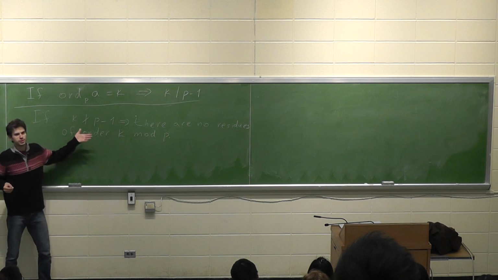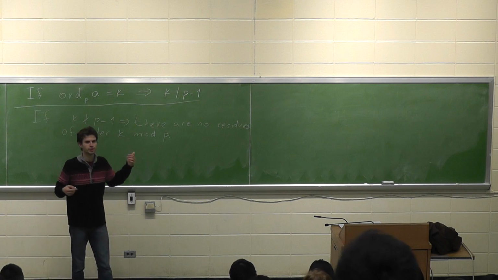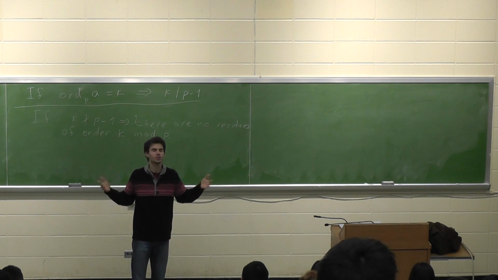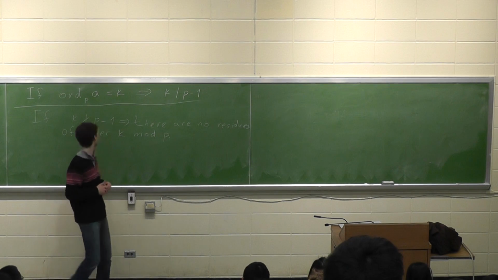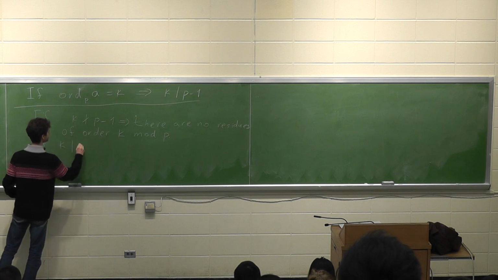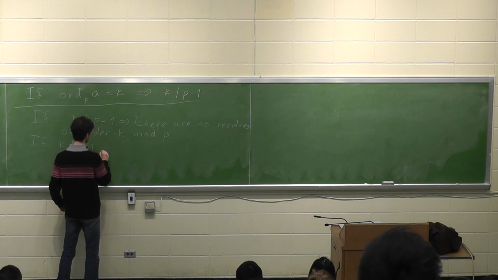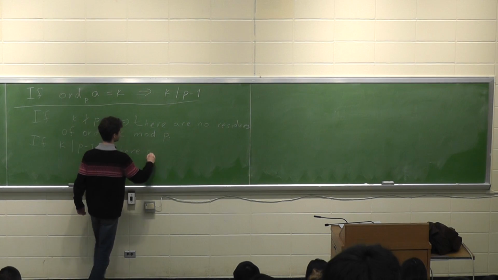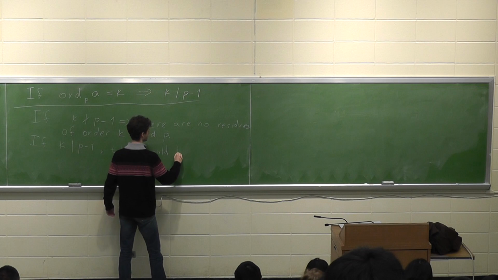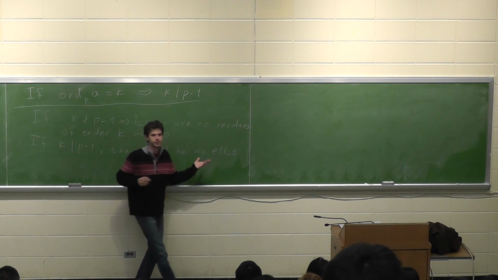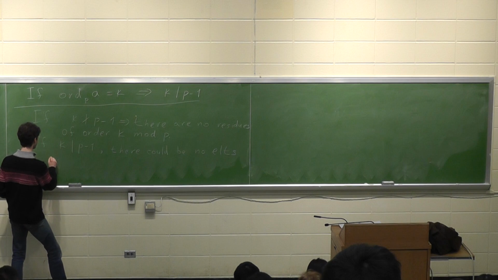If k does divide p minus 1, then we have several options. One of the options is that there are just no elements of this order. As far as we know, there could be no elements of order k.